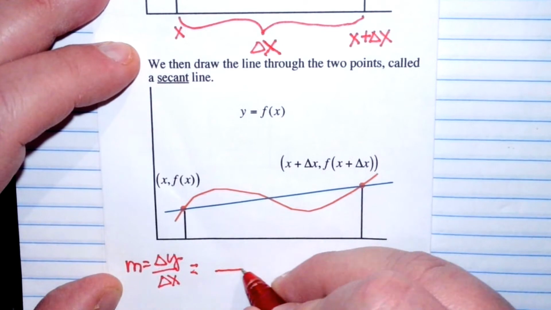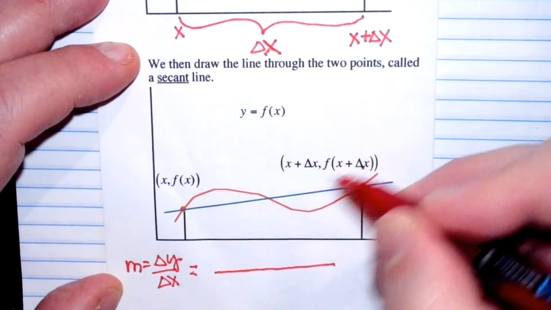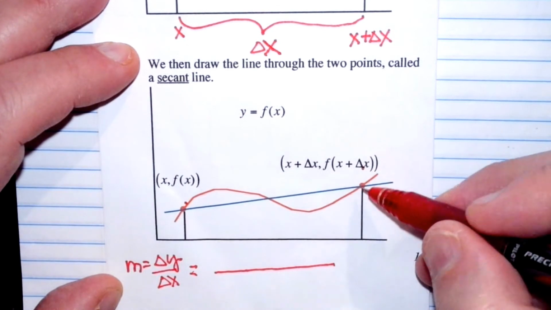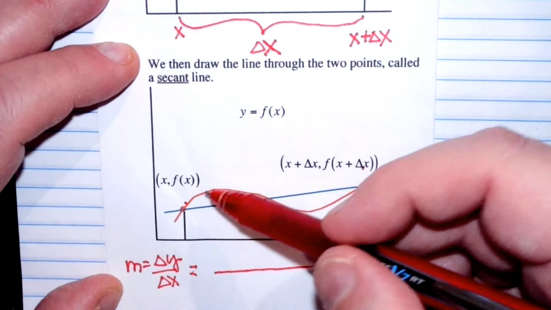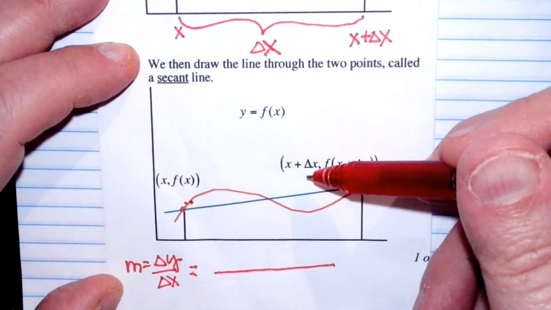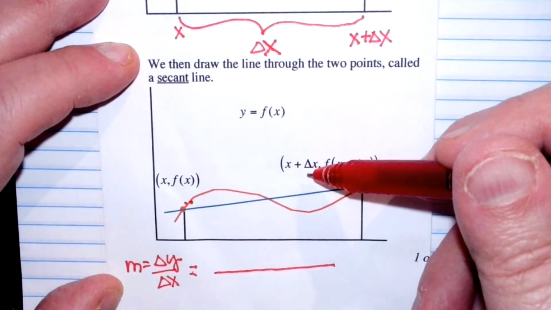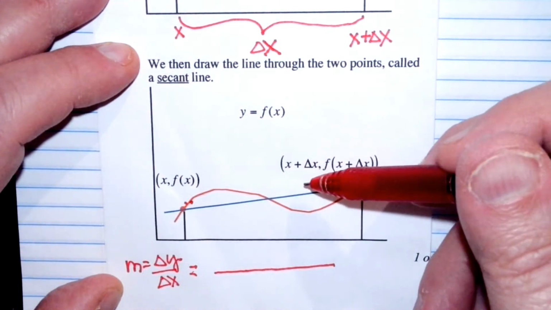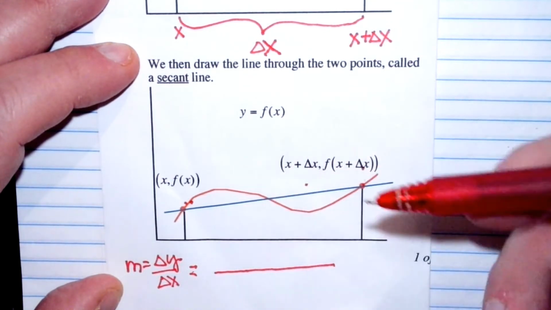I'm going to write this as the y coordinate of the point on the right minus the y coordinate of the point on the left, divided by the difference of the x coordinates, which in this case is going to be the x coordinate of the point on the right minus the x coordinate of the point on the left.